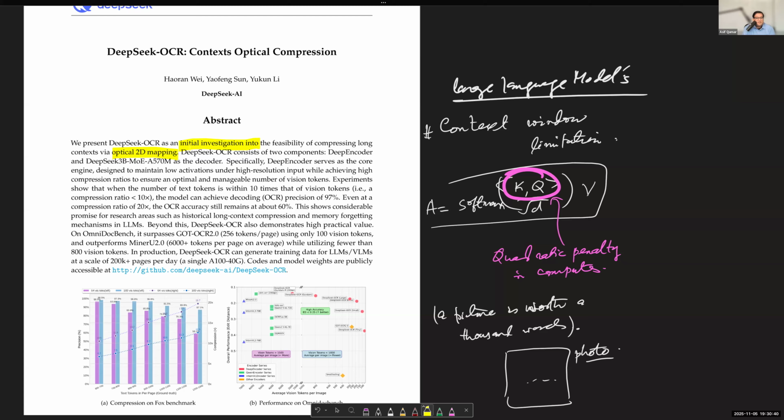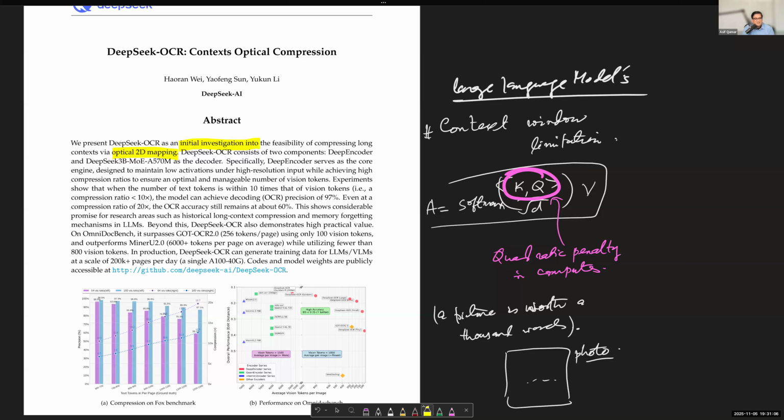DeepSeek-OCR consists of two components, a deep encoder and a decoder, which is a mixture of experts model. Actually, the surprising thing is that both of these are, by the standard of modern LLMs, very, very small models. And they managed to achieve something with very small models.